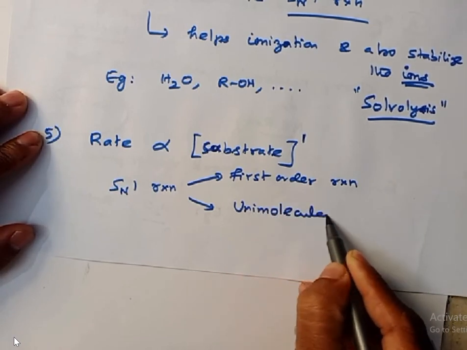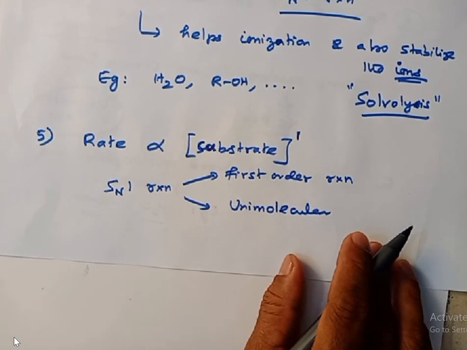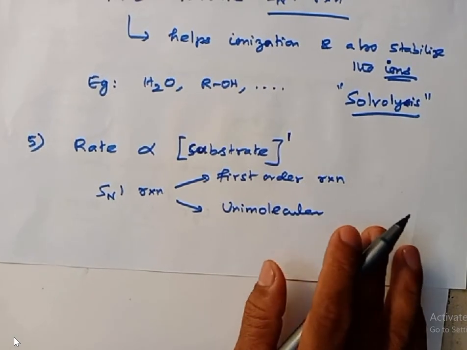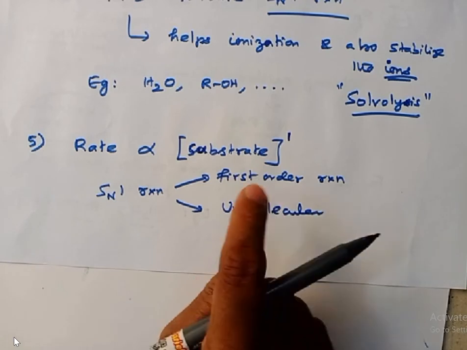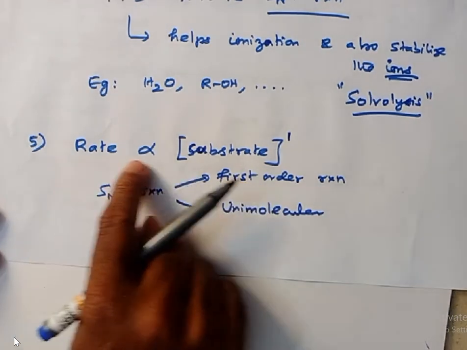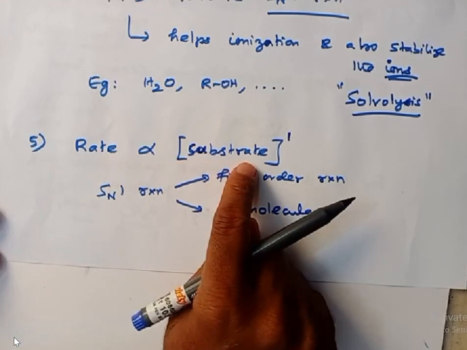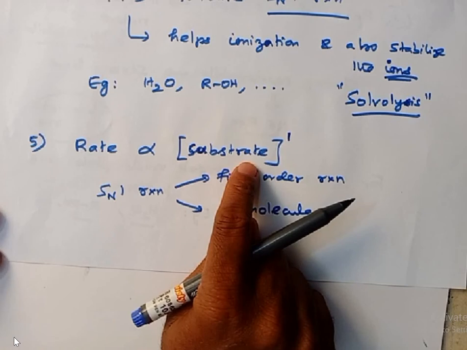So what is first order reaction? We'll discuss that in the chemical kinetics chapter. But right now, listen, experimentally you can determine this, which is called the rate law.